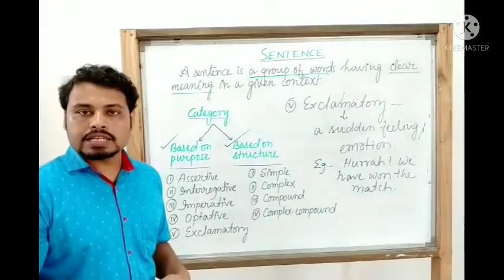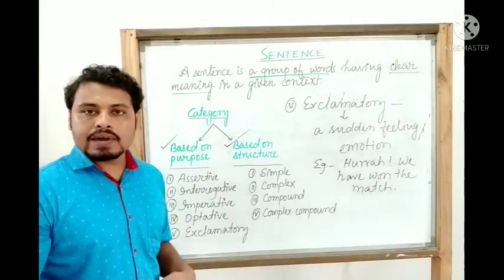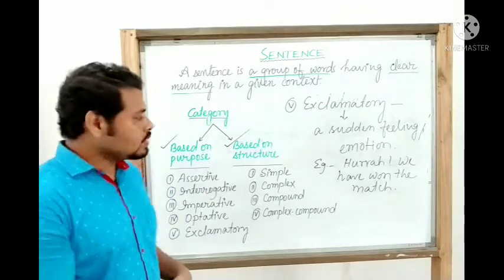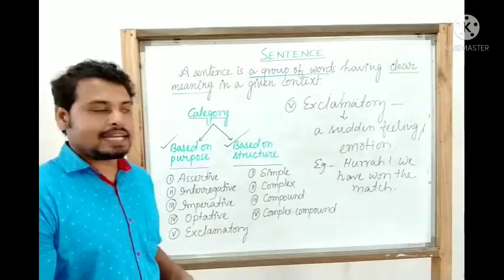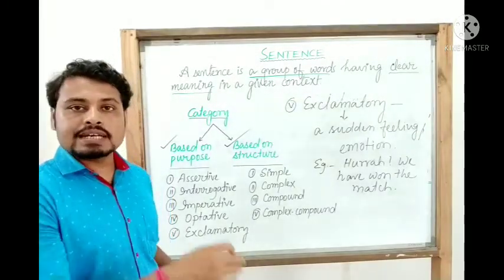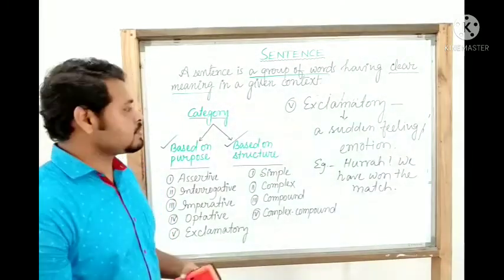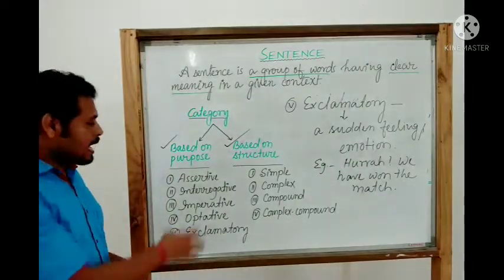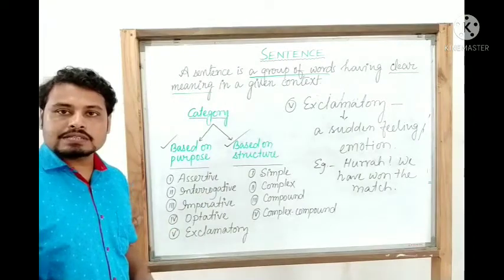Hurrah, we have won the match. Bravo, you have done well. Alas, he is dead. So these kind of sentences that express a sudden feeling or emotion are known as exclamatory sentences. So based on the purpose, we have the 5 categories of sentences.